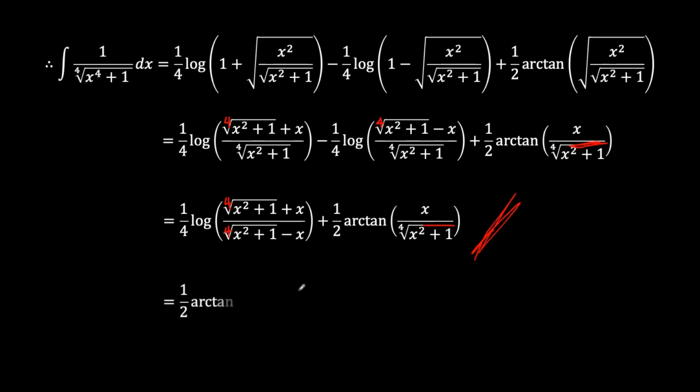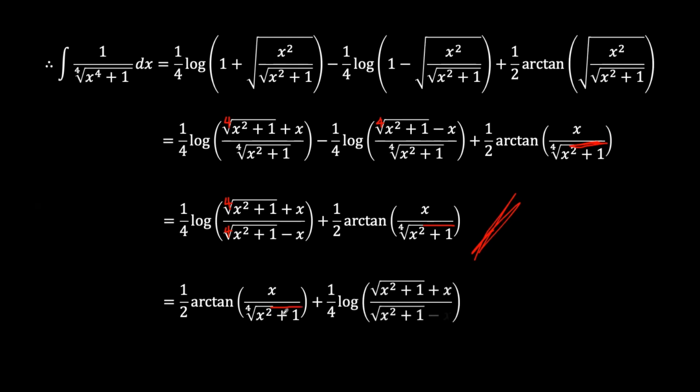In the final answer provided, they swapped. So you could also express it as half arctangent x over 4th root of x squared plus 1 plus a quarter natural logarithm of 4th root of x squared plus 1 plus x over the 4th root of x squared plus 1 minus x. Same answer. But this was the answer that was provided.